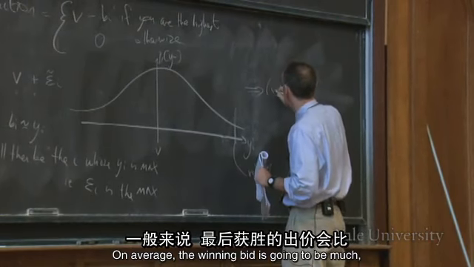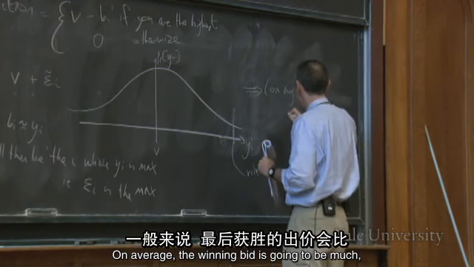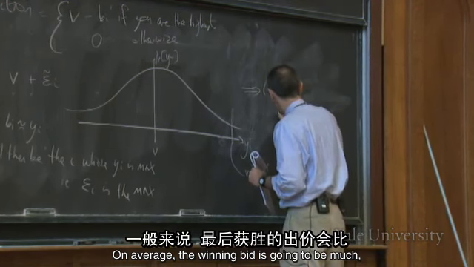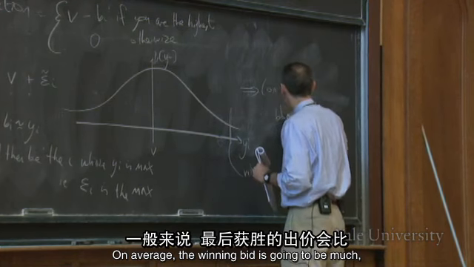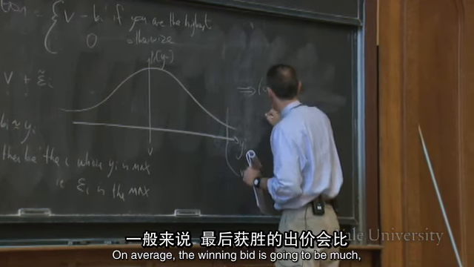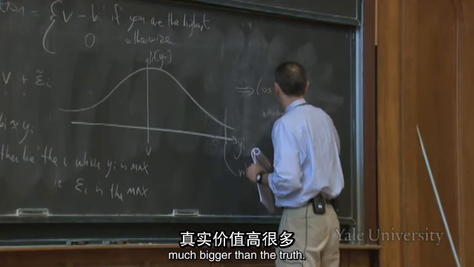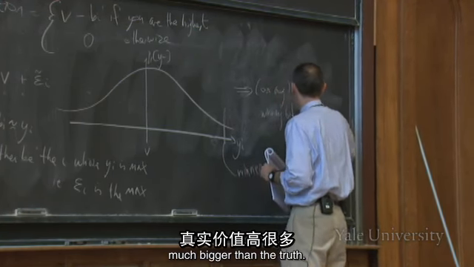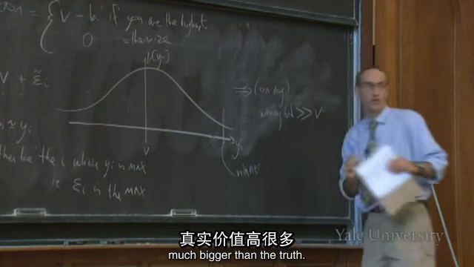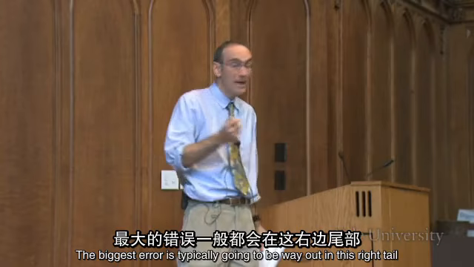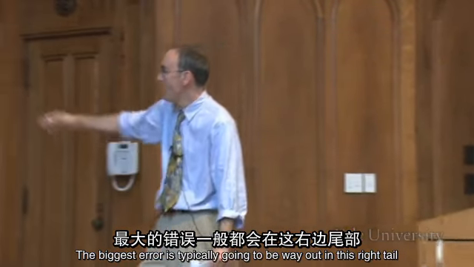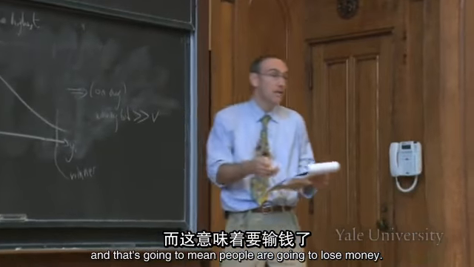On average, the winning bid is going to be much, much bigger than the truth. Is that right? Right? The biggest error is typically going to be way out in this right tail, and that's going to mean people are going to lose money.